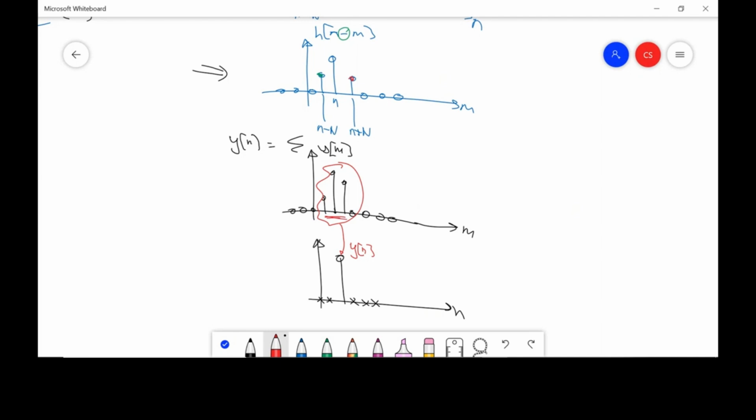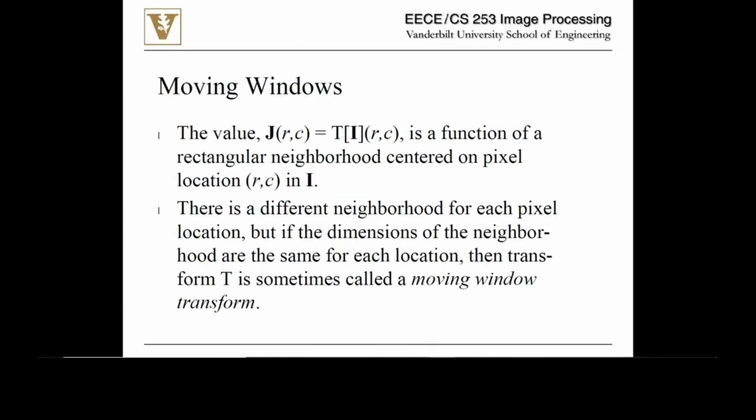This is different from the previous operations we were doing. To calculate a pixel in the output, we were using just one pixel in the input. But now, to calculate a pixel in the output, we are using a neighborhood of that pixel. That is different. So convolution is somehow taking the neighborhoods into account.